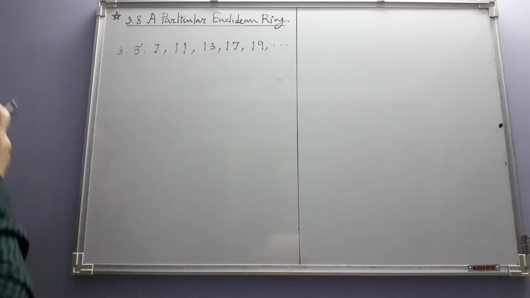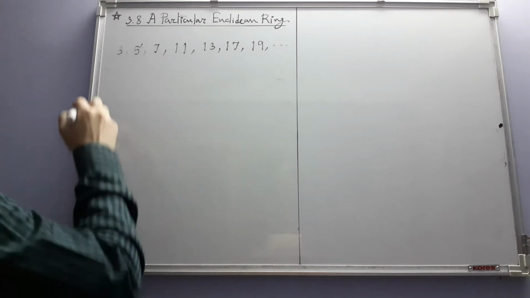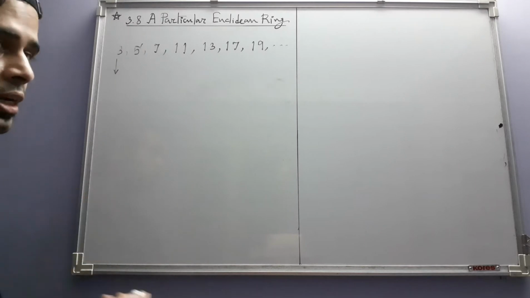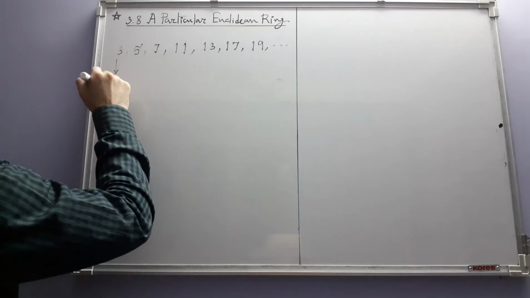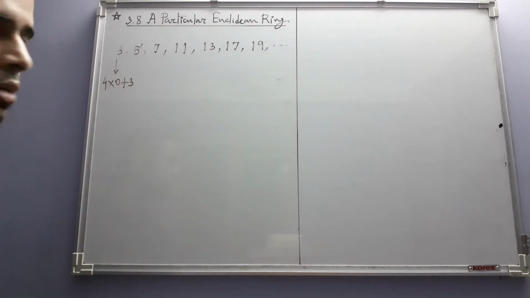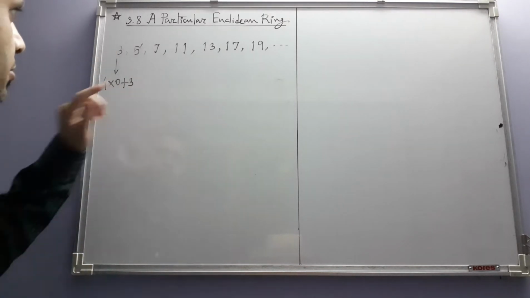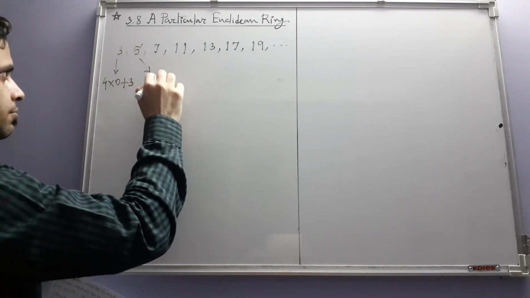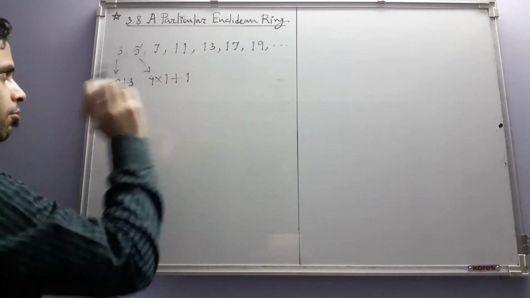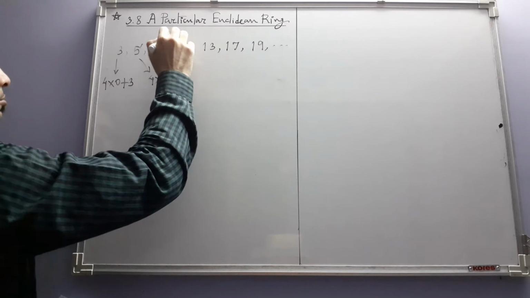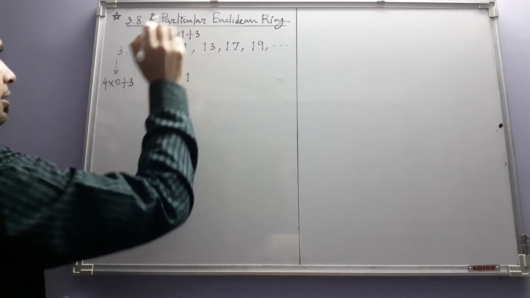Okay. Now if we divide each one of them by 4, what is the remainder? Let us look at that. This, for example, itself is the remainder when we divide it by 4. This, if we divide by 4, it leaves the remainder 1. This, if you divide by 4, it leaves the remainder 3.